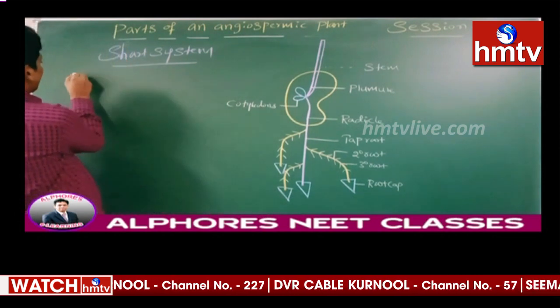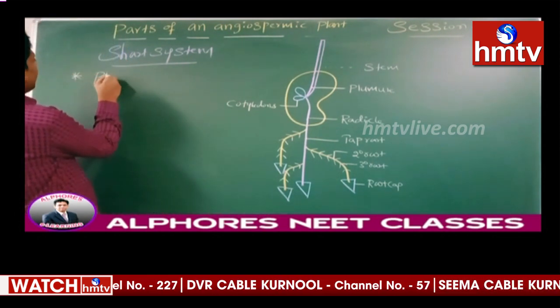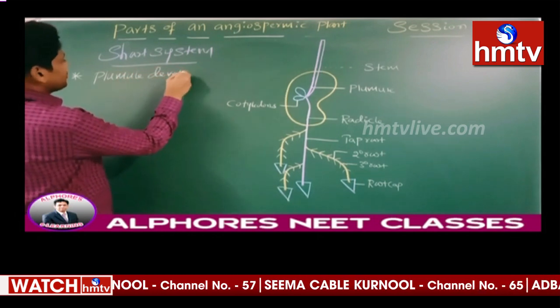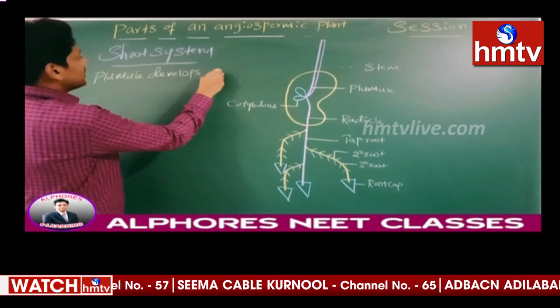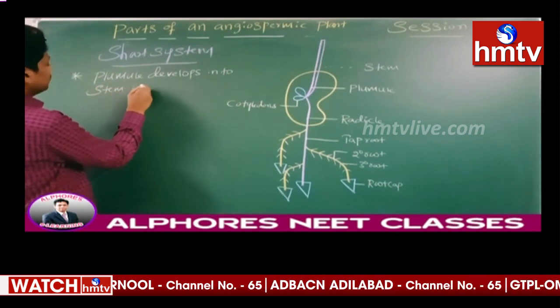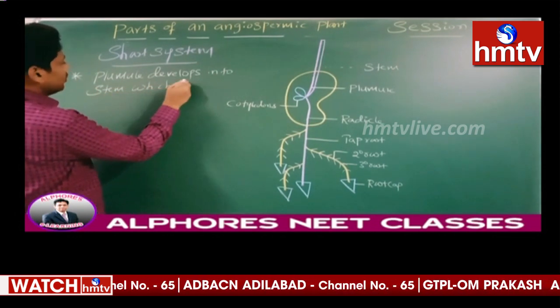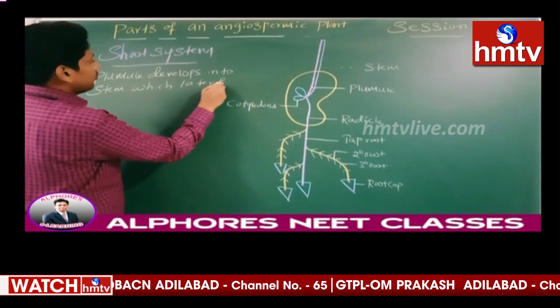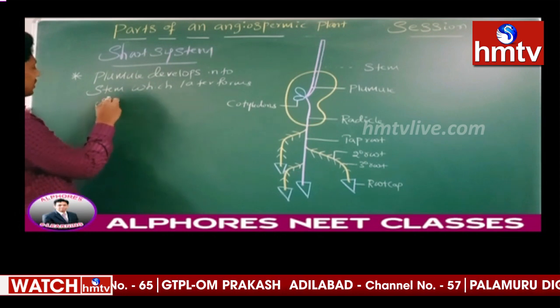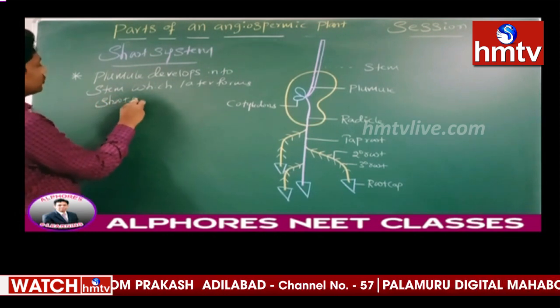Therefore, the plumule develops into the stem, which later forms the shoot system.